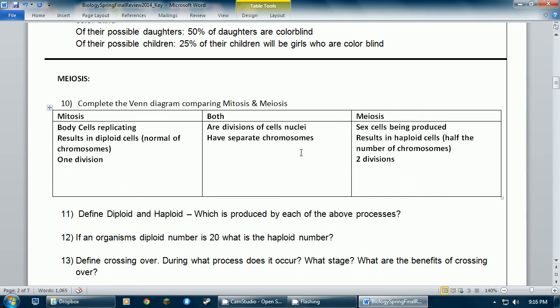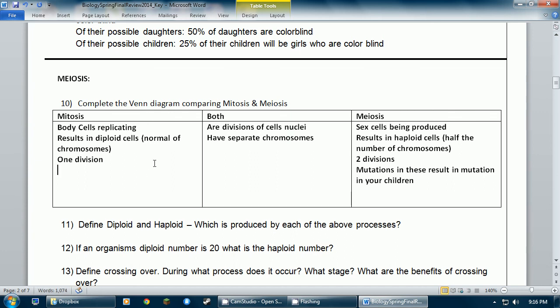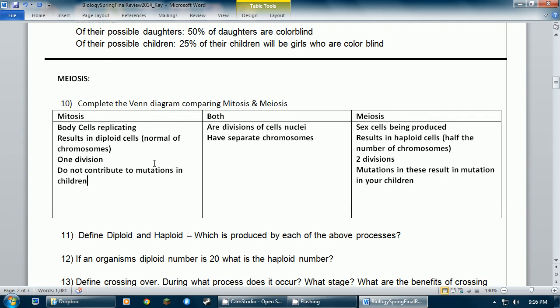For mitosis, mutations in them don't result in mutations in children. Since it's just your body cells, they actually don't matter as much in terms of mutations in your children. So they do not contribute to mutations in children, at least not very commonly.